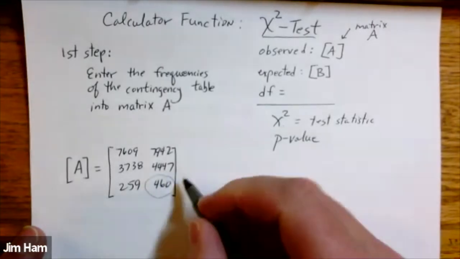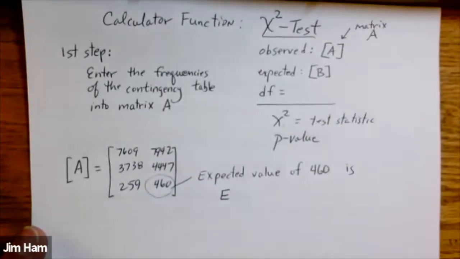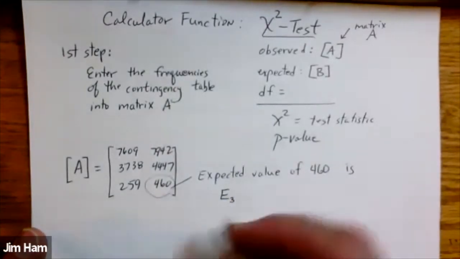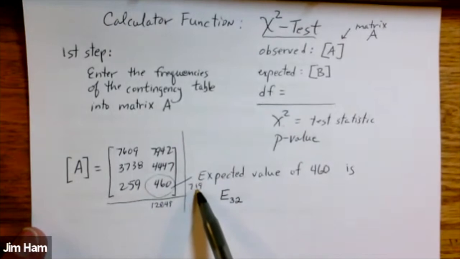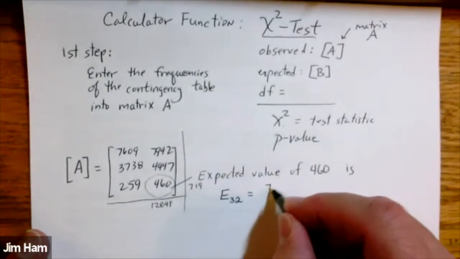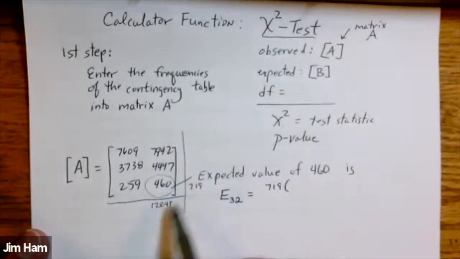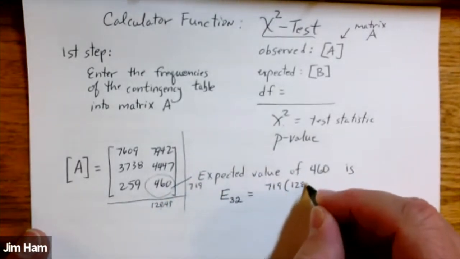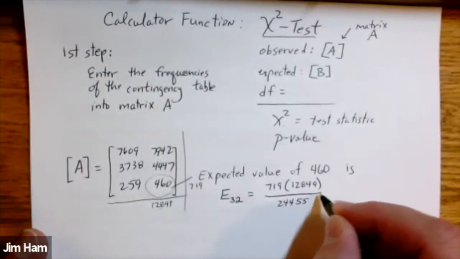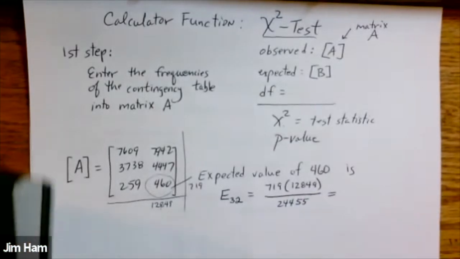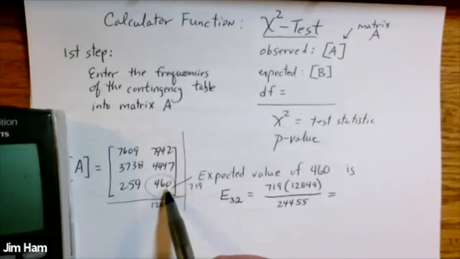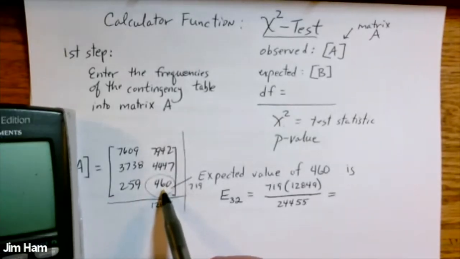The other thing I want to calculate by hand here is one of these expected values. Our notation is this: it's the expected value in row 3, column 2. I'm going to put the row total here and the column total here. So what we would do is take the row total, 719, and multiply that by the column total, and then divide by the total, the sample size. This number should be fairly close to the 460 if there's no relationship between these two variables.